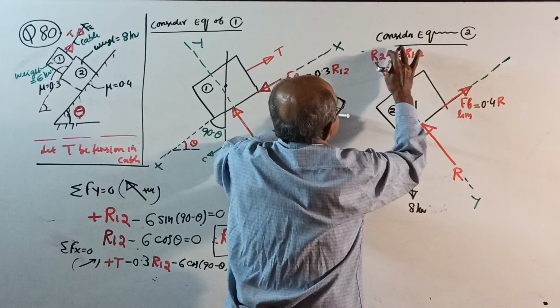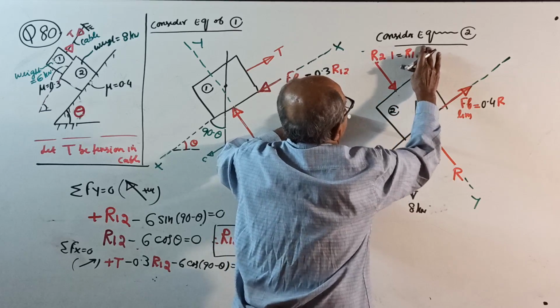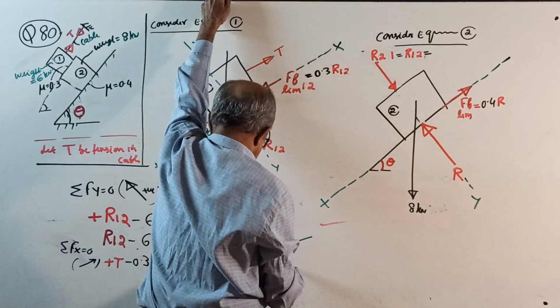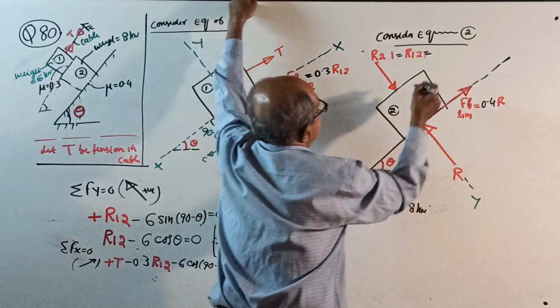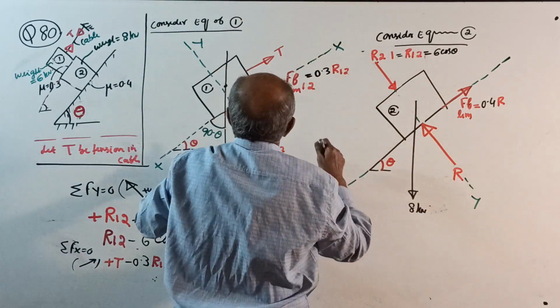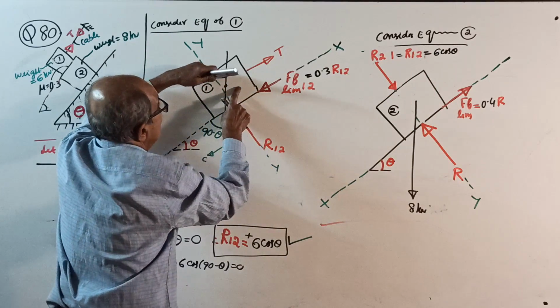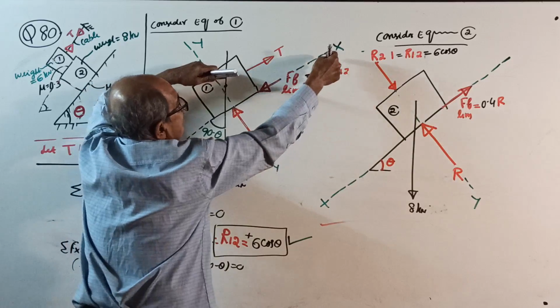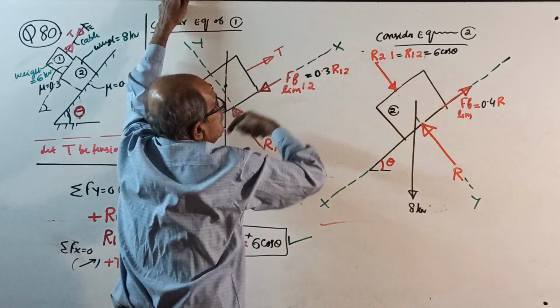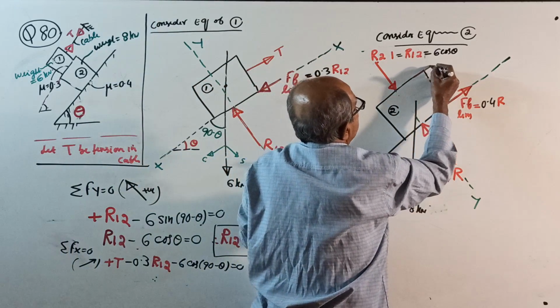Force on block 2 from block 1, R21 equal to R12. Hundreds of times told, line is not required. R12 equal to, you know the answer, 6 cos theta. And friction force on 1 from 2 is 0.3 R12 like this. If it is this way, this friction is opposite.